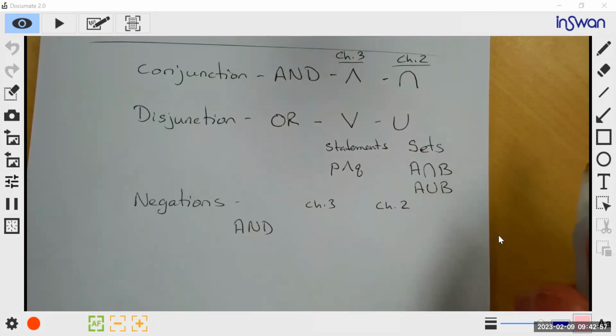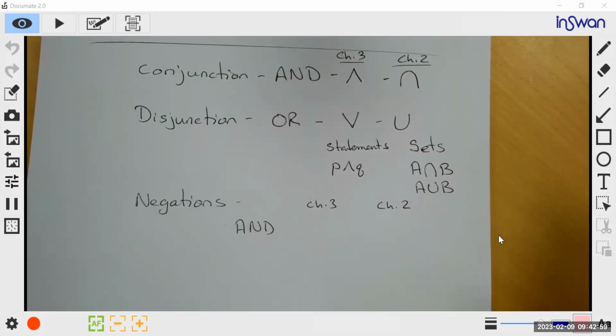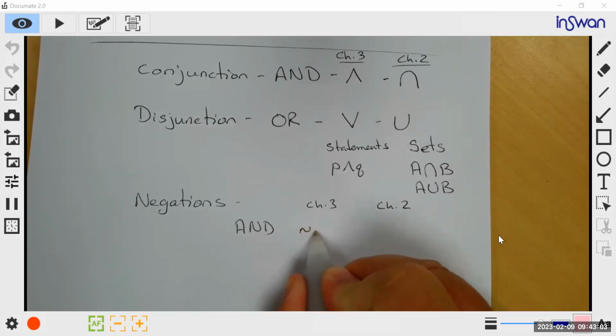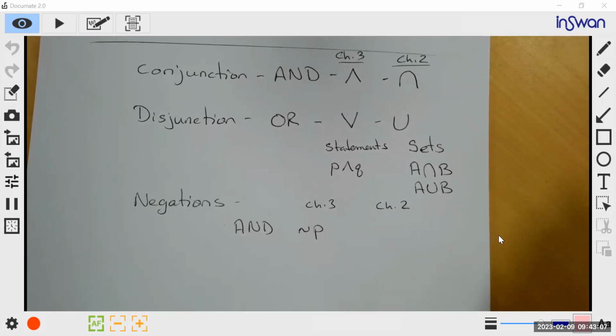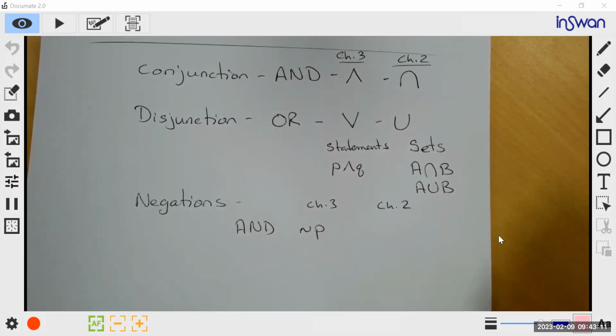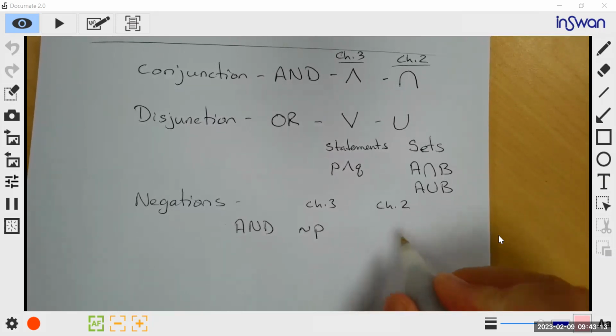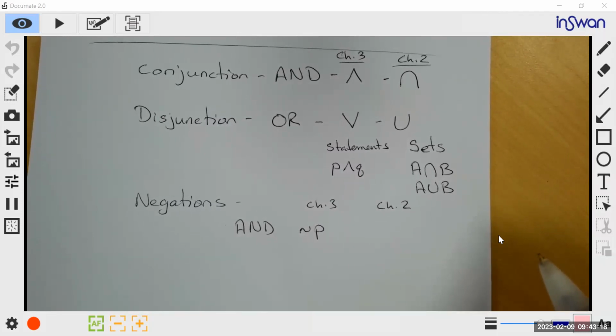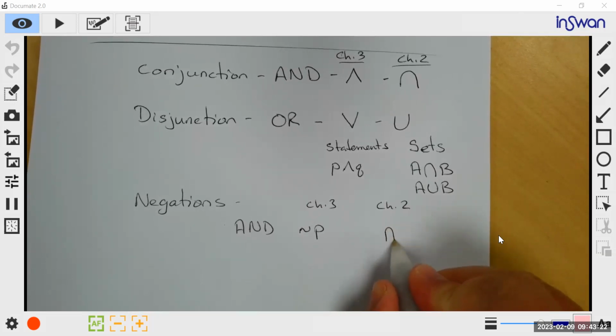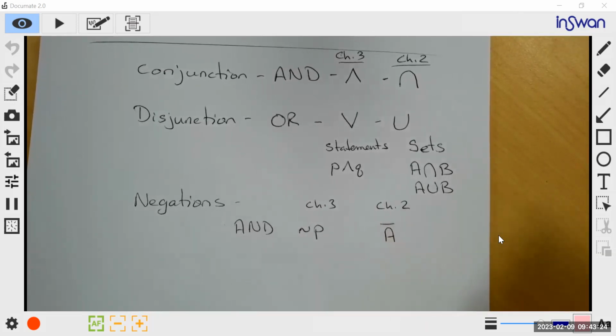What's the symbolic representation for negating a statement? The tilde. In chapter 2, how do we show the negation of a set? Line above. Very good.